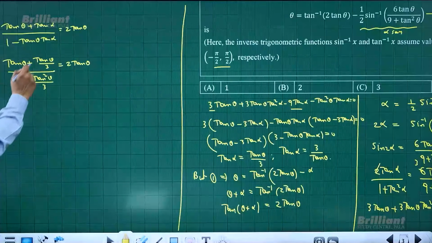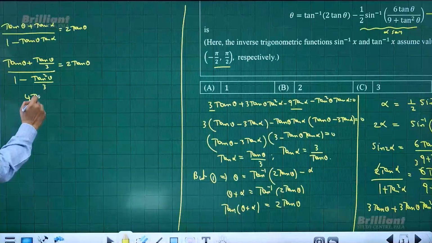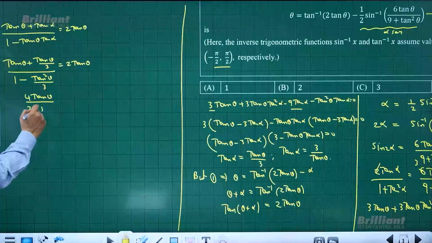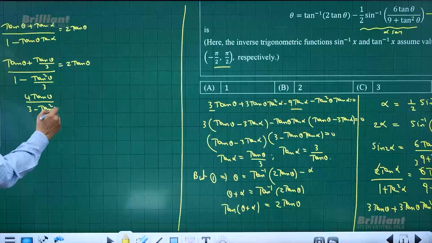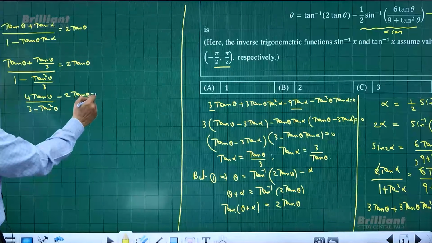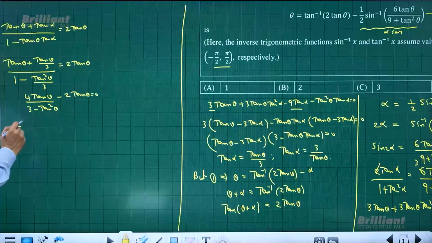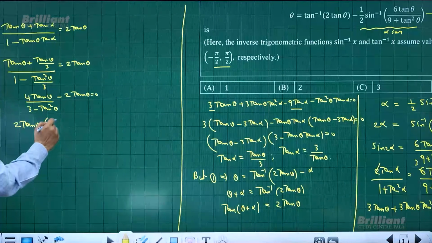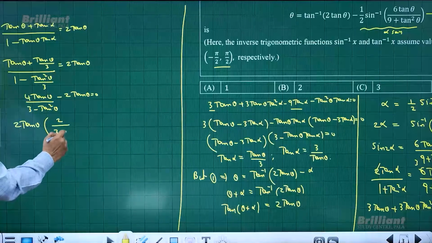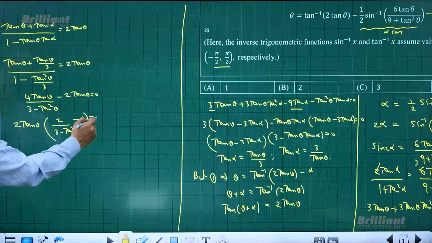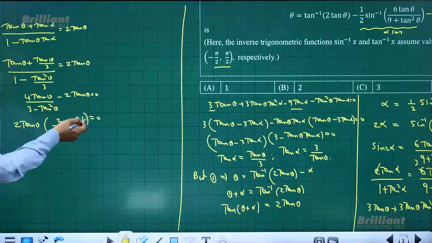This is 3 plus 1, 4 tan theta by 3, the 3 cancels, 3 minus tan square theta, minus 2 tan theta is 0. Okay, 2 tan theta common. 2 tan theta common in the bracket: 2 by 3 minus tan square theta minus 1 is 0, right? Because 2 tan theta common, here 1 only.